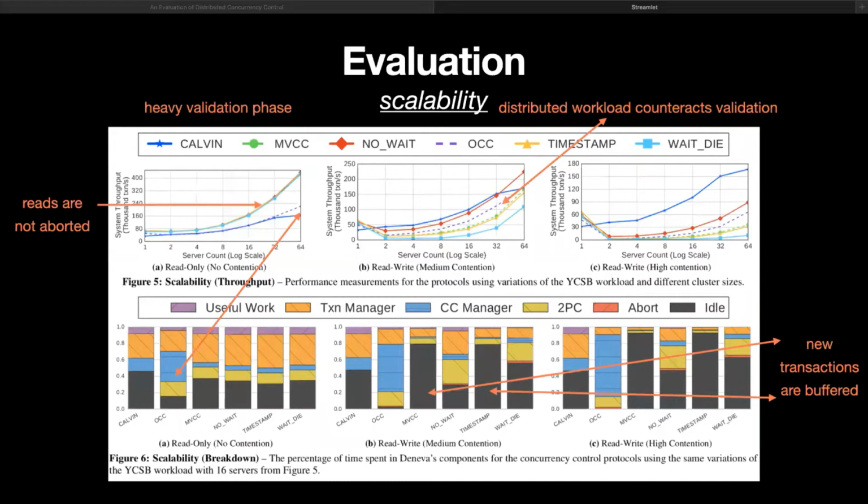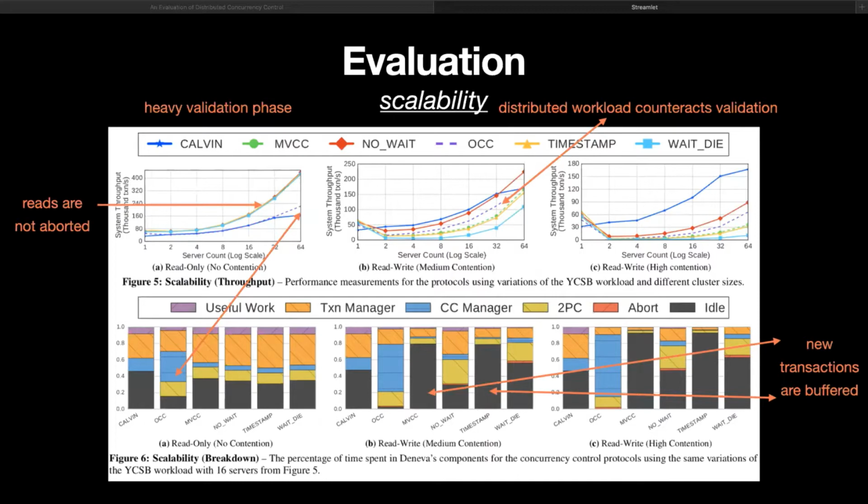Only Calvin performs well, and it's for the same reason as we can see on the last graph at the bottom. We can see that all of the timestamp and locking based protocols are spending a lot of time just sitting idle, where there are a lot of aborted transactions, they are getting queued up.